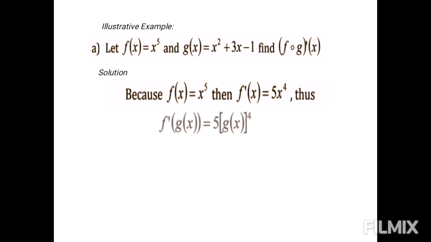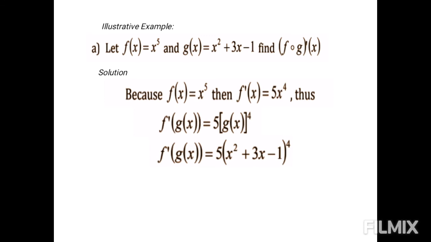Then we need to input the g of x to our f prime of x. Since we got the derivative already, which is 5x to the 4th power, we input g of x in place of x, raised to the 4th power, and it goes like 5 times the quantity x squared plus 3x minus 1.